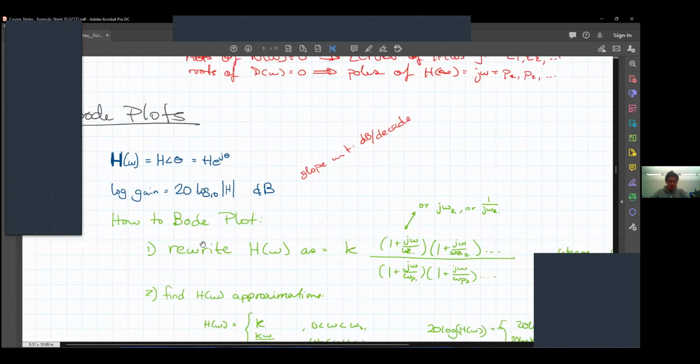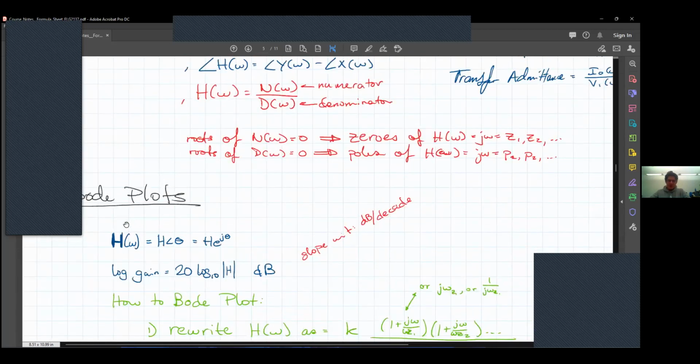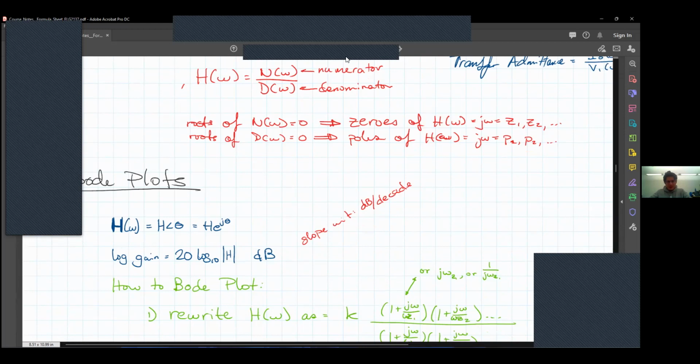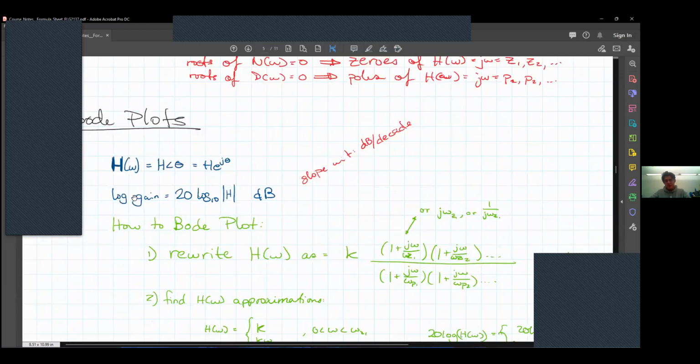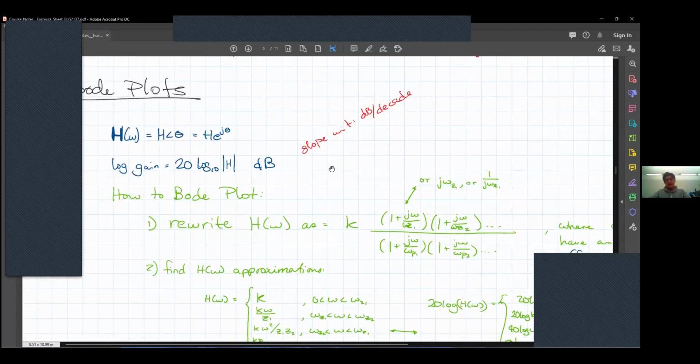So for a Bode plot, as we mentioned earlier, you can turn a phasor into this representation, which is simply its magnitude with a phase shift, or its exponent representation. And because of this, we can actually grab the logarithmic gain, which simply is the gain transferred onto decibels. And using that, we can make a plot of how the transfer function affects the original function.